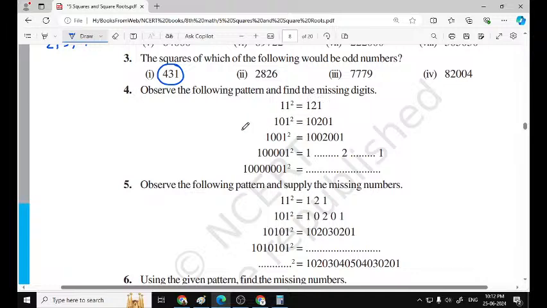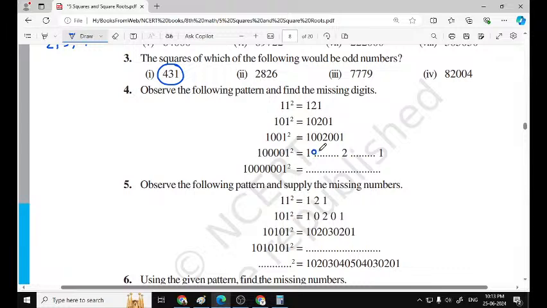1 2 1. Now this is 101, so 1 0 2 0 1. Here we have 2 zeros, so 1 0 0 2 0 0 1. How many zeros are there? 4 zeros.